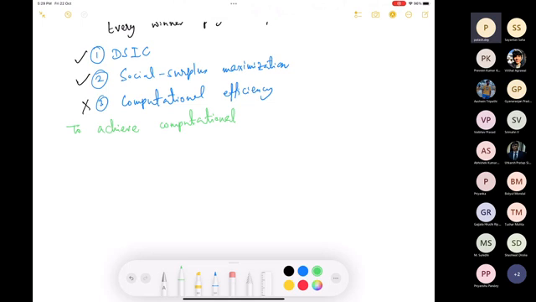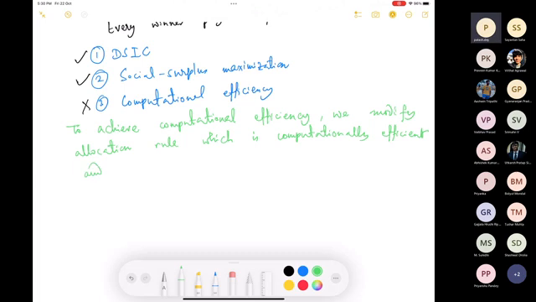To achieve computational efficiency, we modify the allocation rule to one which is computationally efficient and not too bad at maximizing social surplus, that means it approximately maximizes social surplus.